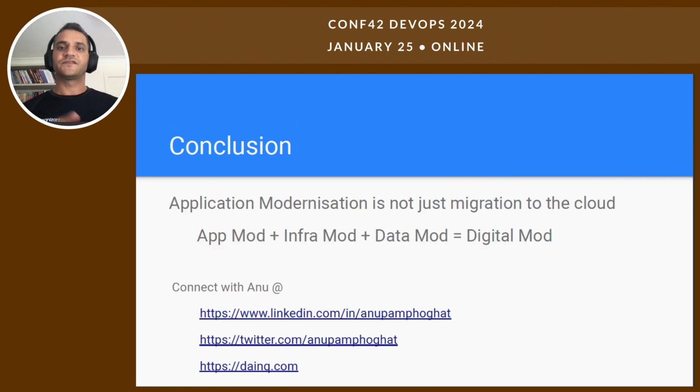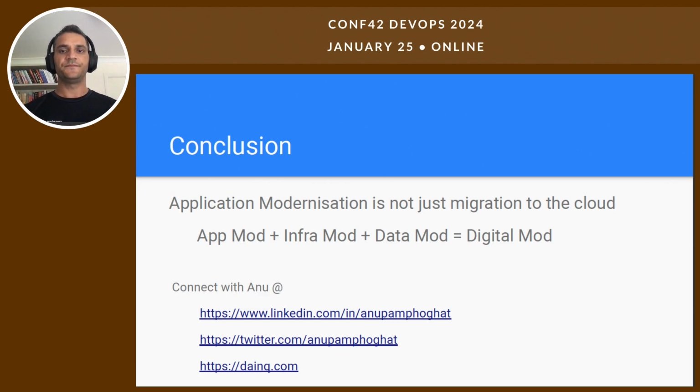Now, in the quest to harness the power of cloud technology, application modernization is a pivotal strategy. By understanding infrastructure modernization, data modernization, and application modernization as interconnected components, businesses can embark on a comprehensive journey to transform their applications and fully embrace the potential of the public cloud.